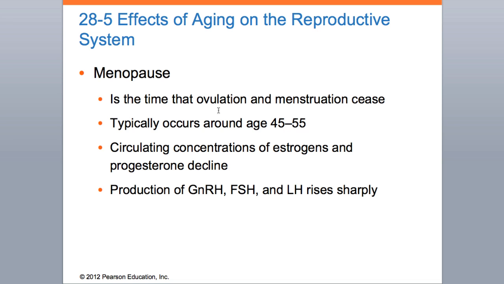It is a time that ovulation and menstruation cease. And of course, by now you should understand why, because these are interrelated actions. Circulating concentrations of estrogen and progesterone decline, and GnRH, FSH, LH rises sharply because you don't have the negative feedback influence.